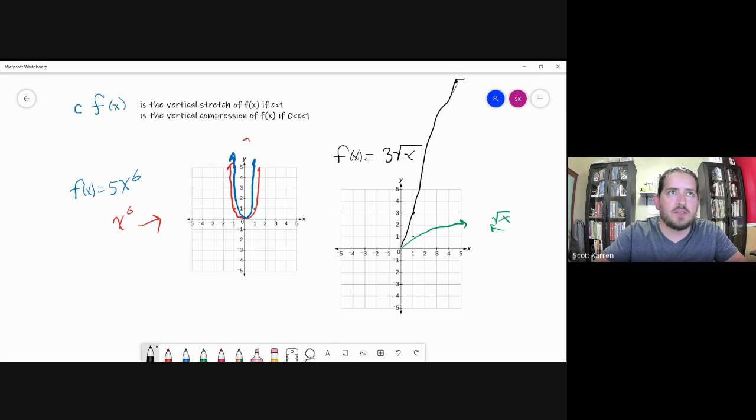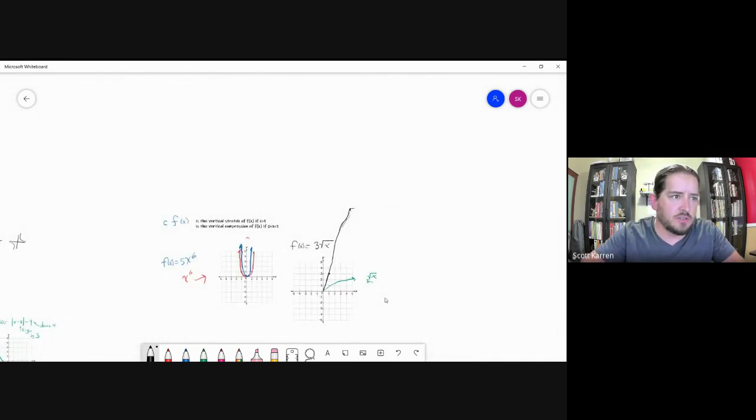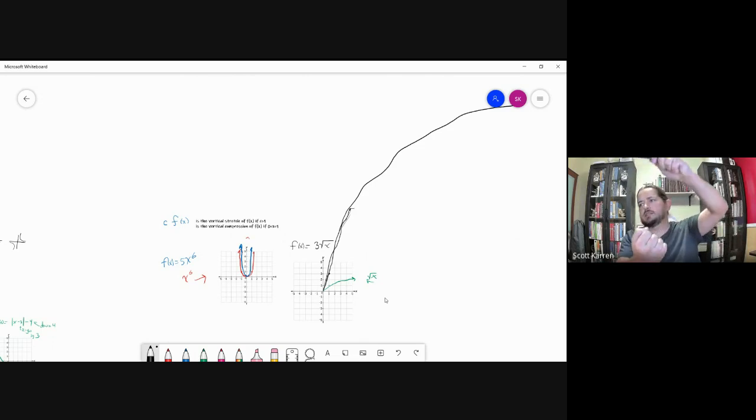It's still going to follow that same pattern, but it gets humongously stretched out in the y direction. If I zoom out, I'm still going to have that same general look. As I get higher and higher, it's going to chill out a little bit and go that way. But it's stretched a lot in the y direction, and so it kind of looks like that.